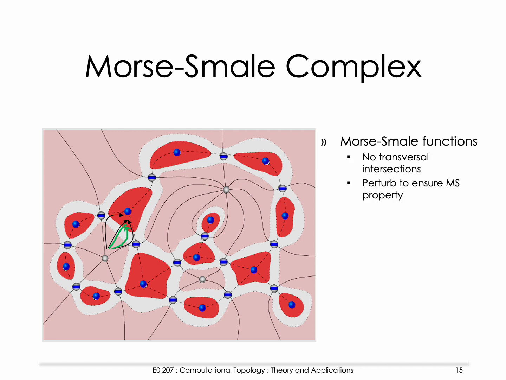In order for the Morse-Smale complex to be well defined, we need an additional notion where the integral lines have only transversal intersections.